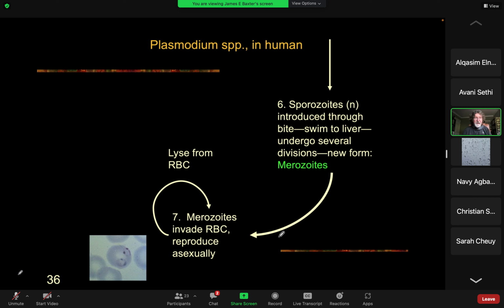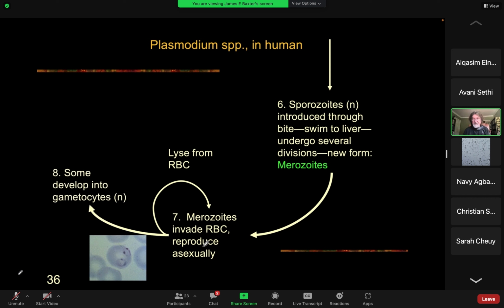Now, if an individual is bitten several times by different mosquitoes, then he or she will go through several different cycles of fevers and chills, depending on how many mosquitoes introduced the infection. But anyway, merozoites invade other red blood cells, reproduce asexually, and this builds up in the blood.